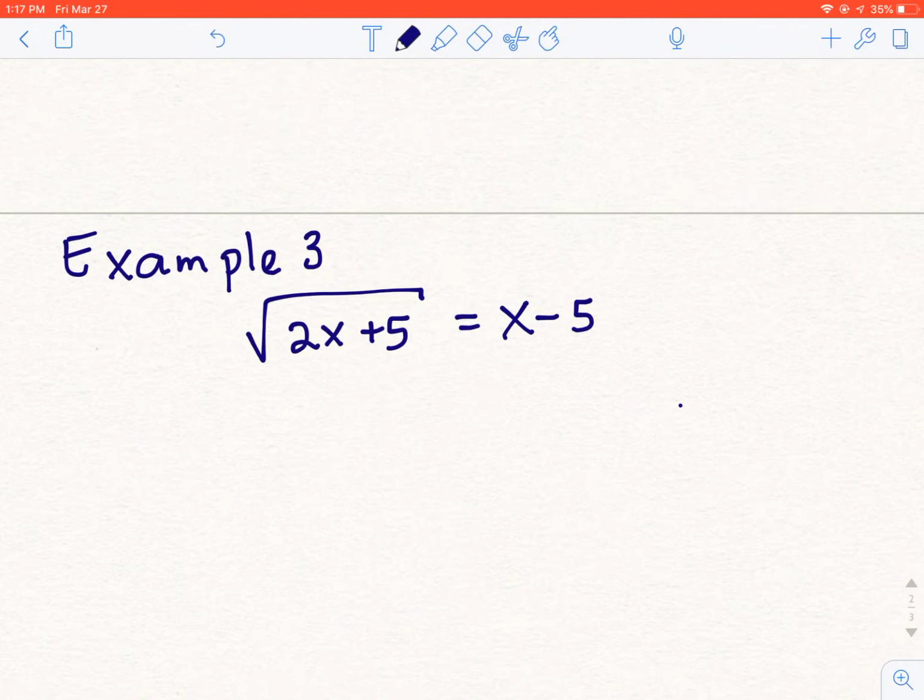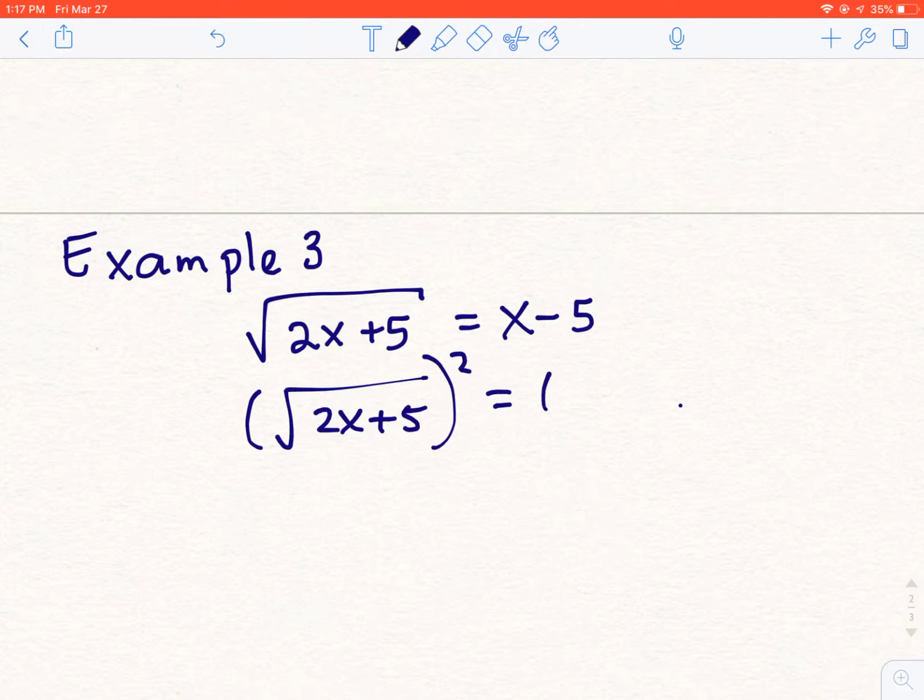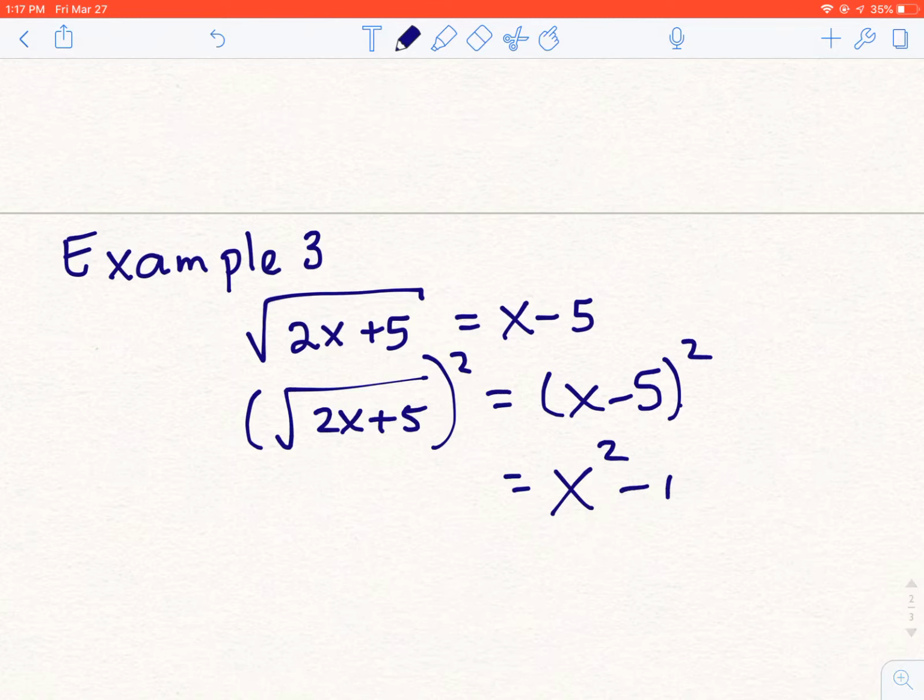All right. Example number 3. The radical is already isolated, so I'm going to square both sides. The square root of 2x plus 5 squared is equal to x minus 5 squared. Now, you're squaring that binomial, so be super careful. Remember, x squared, if you have to write it twice, but don't forget that middle term, minus 10x, and then plus 25.